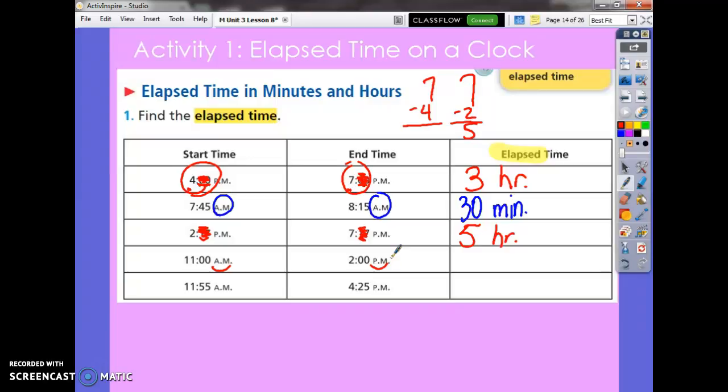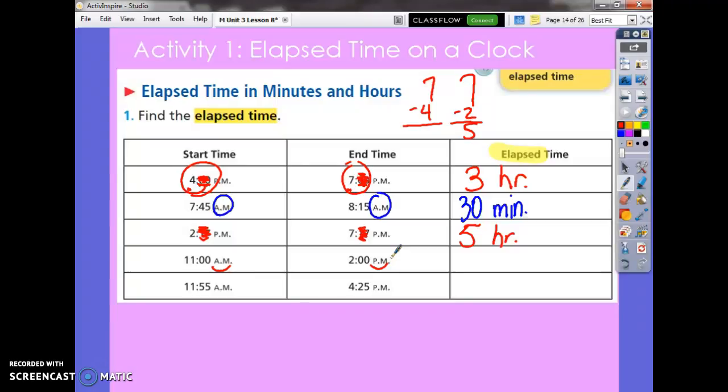Okay, so why don't you do that with me? You can put one hand in the air, in a fist, and say 11 to 12 is 1 hour. And you can show one finger. 12 to 1 is another hour. Show your next finger. 1 to 2 is another hour. And show your third finger. And we end up at 2 o'clock. So that would make 3 hours.